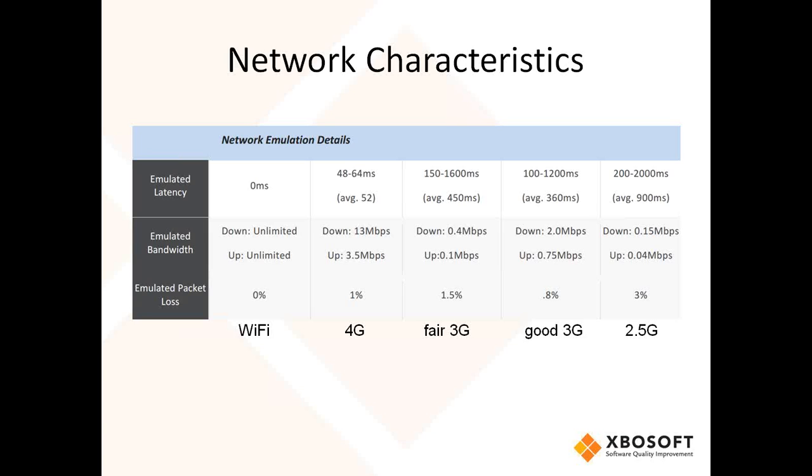In this particular case, for 4G, we had a 1% packet loss, average round trip 52 milliseconds. And by the way, these numbers were come up using standard 3G and 4G networks in the United States. So this is a typical network in the United States with a good 3G connection.